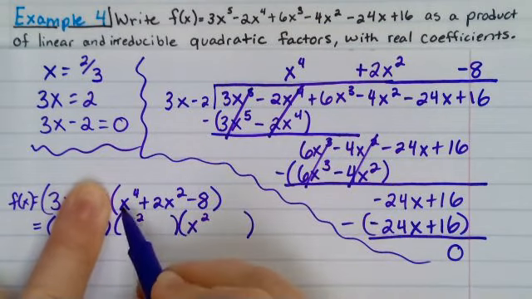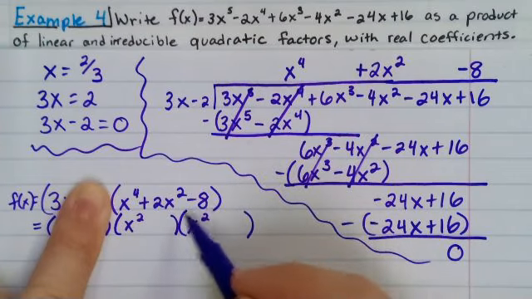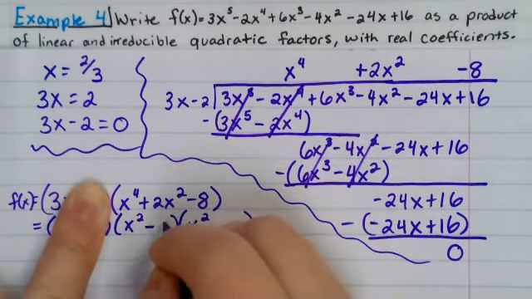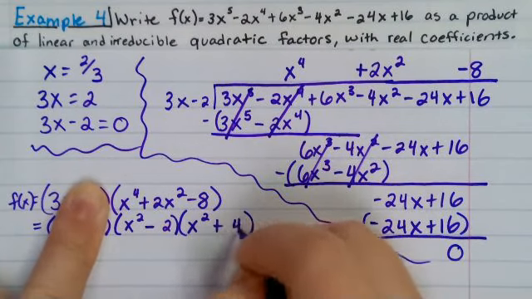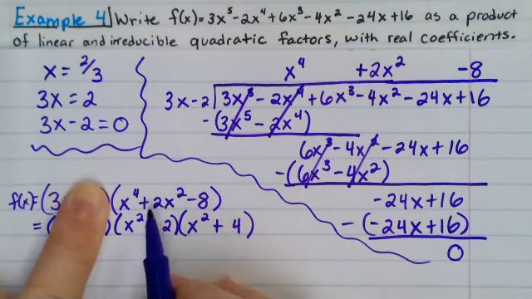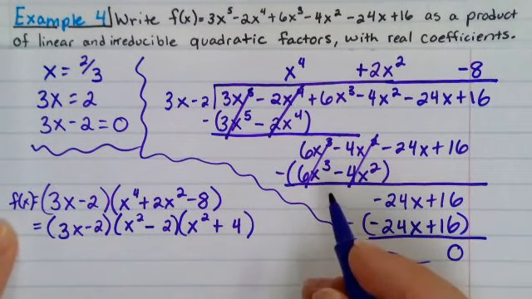X squared times x squared gives me x to the fourth back. Now I need things that multiply to be negative 8 but add to be 2. That would be negative 2 and positive 4, because negative 2 times 4 is negative 8, and negative 2 plus 4 is 2. So that's pretty nicely factored.